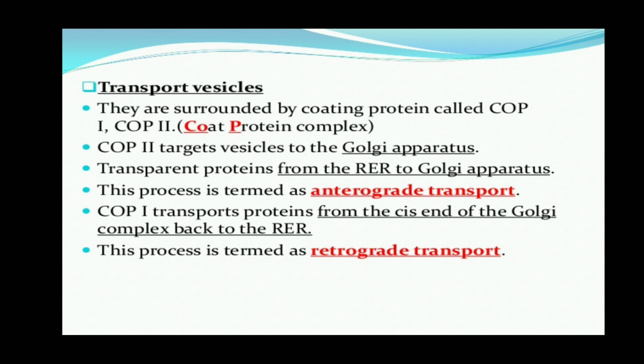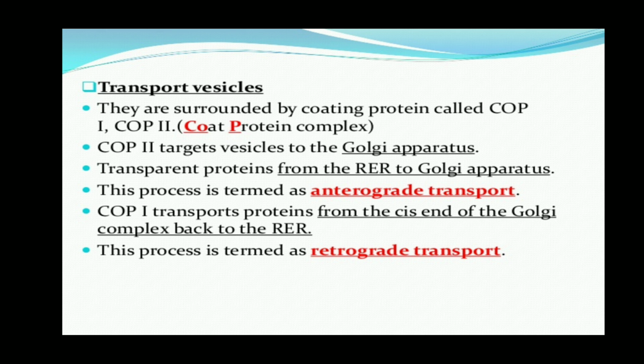As I told you in the previous lectures, whatever protein is synthesized gets protected by the vesicles and transported toward the Golgi apparatus. This transport of proteins from the rough endoplasmic reticulum to the Golgi apparatus is termed anterograde transport.